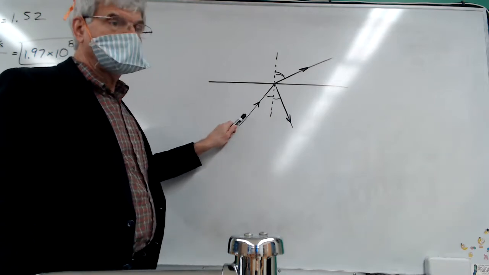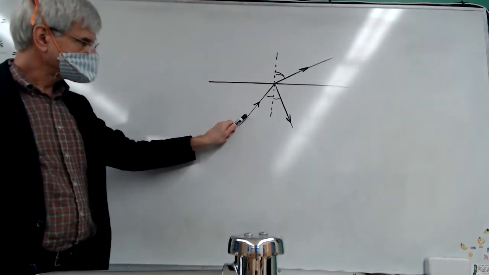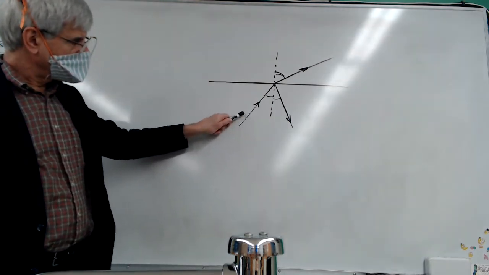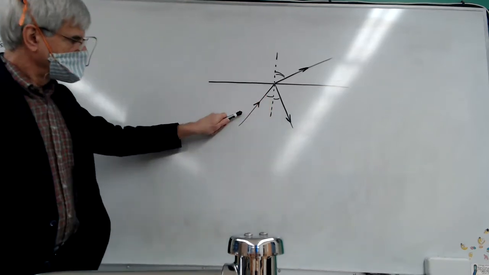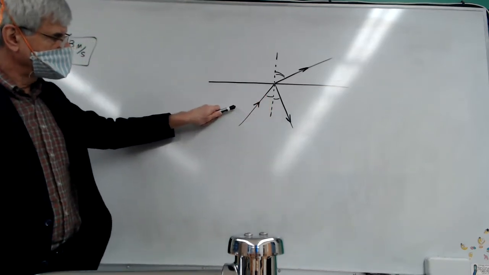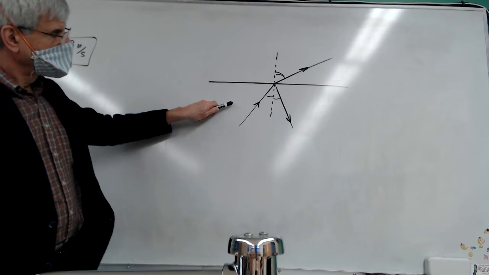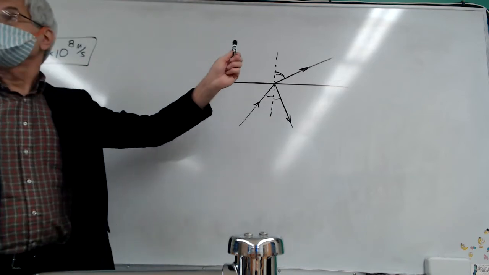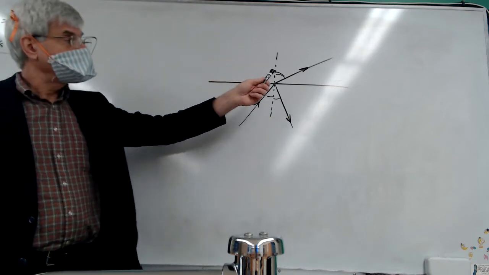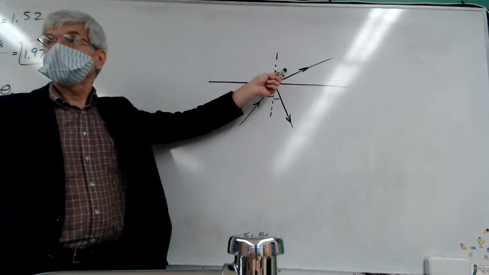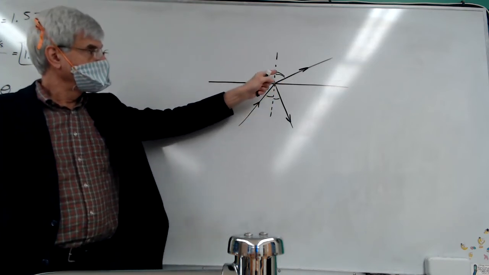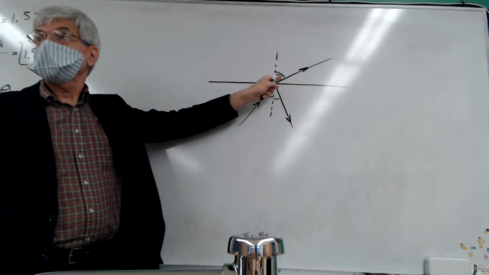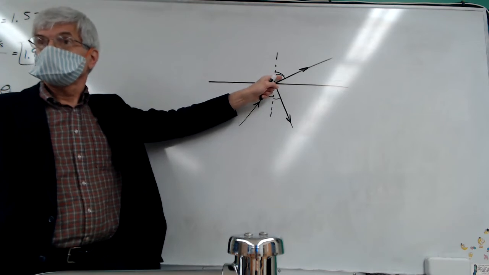So what if I take my laser pointer and I start moving it, making this incident angle larger and larger? Well, then all the other angles will get larger also. But since the angle in air is always going to be more than the angle in water, that means this gets to 90 degrees first.